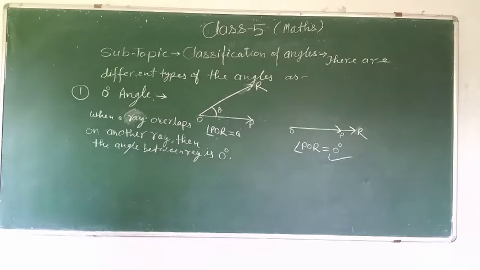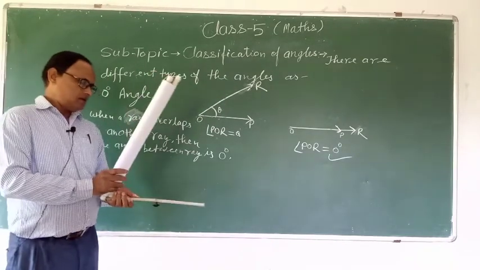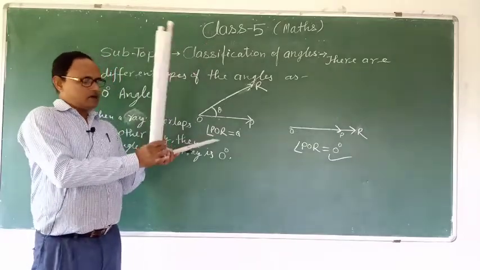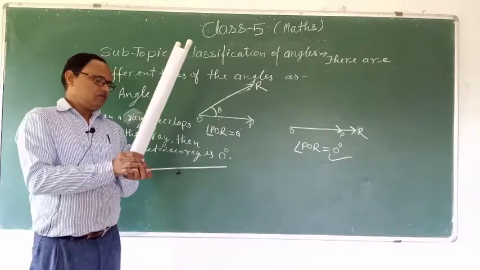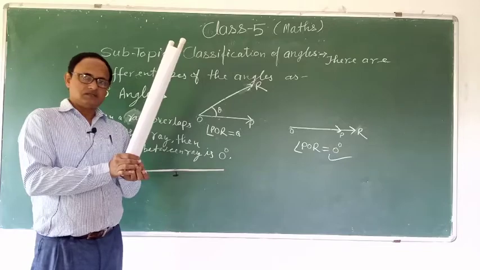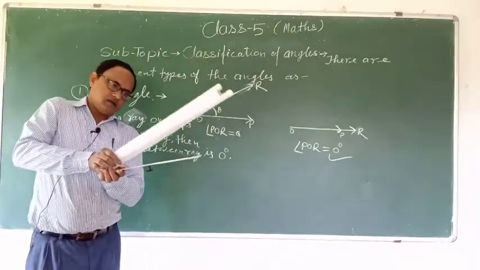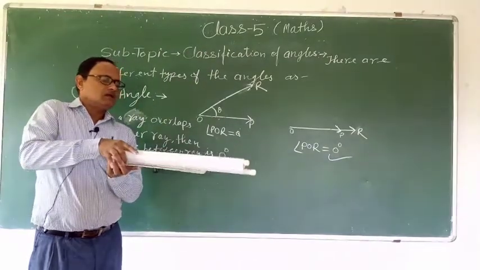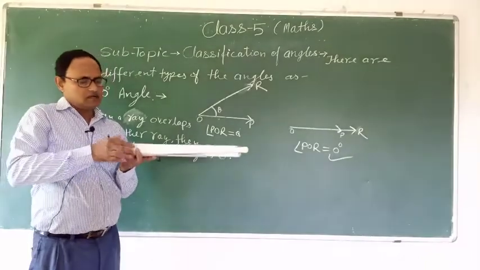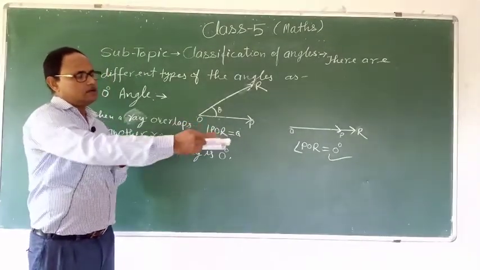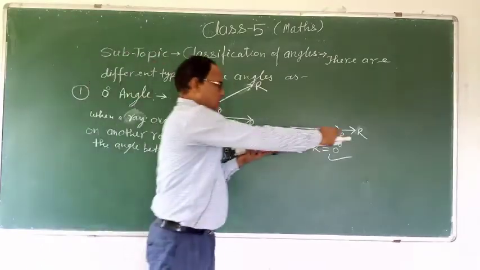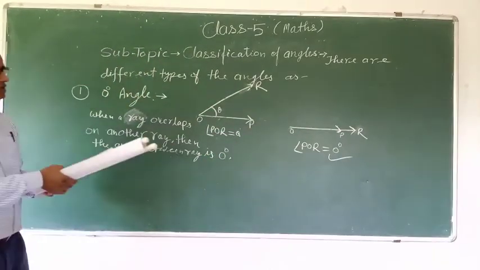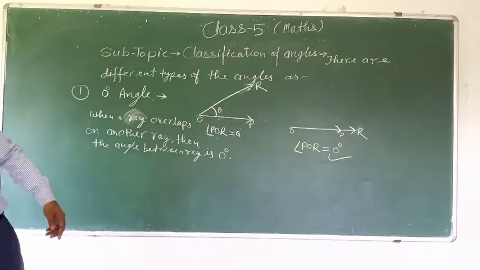Let this be the first ray and this the second ray, with the joining point O. When the second ray coincides completely on the first ray, then the angle between the two rays ROP is equal to 0 degree. So this is the 0 degree angle.